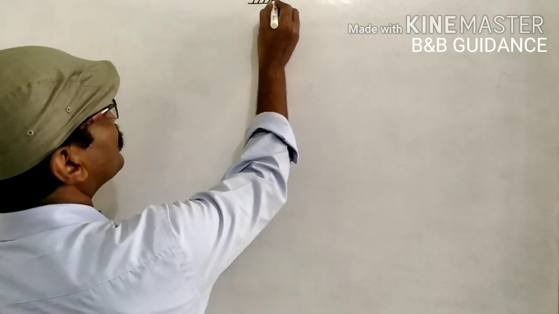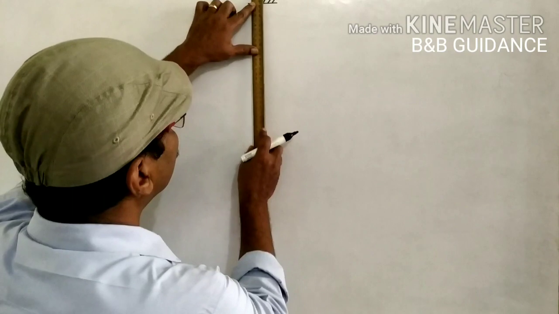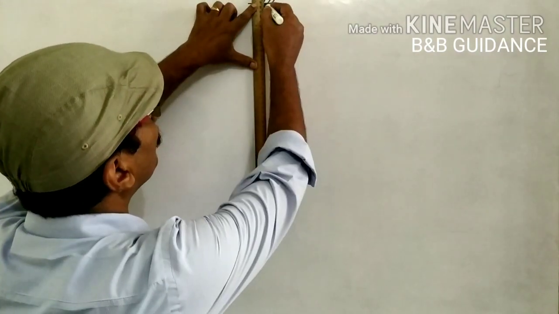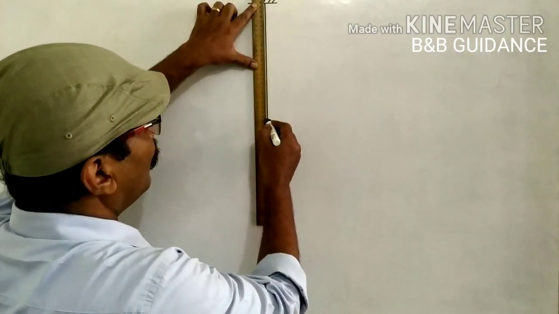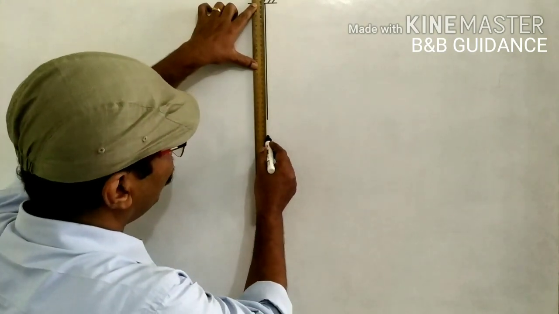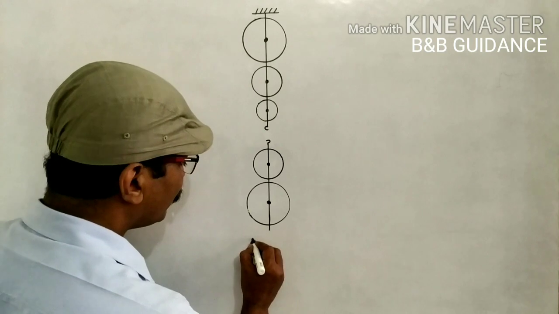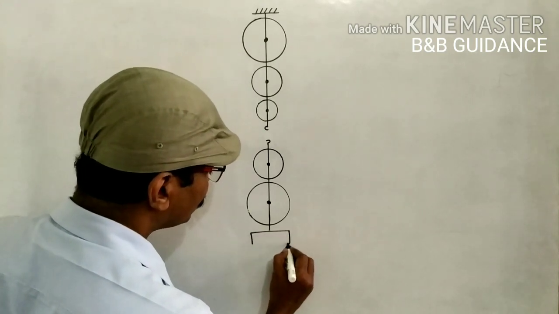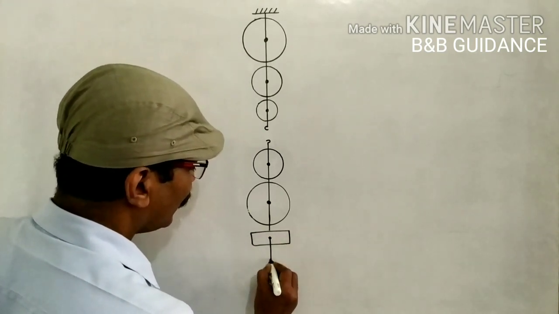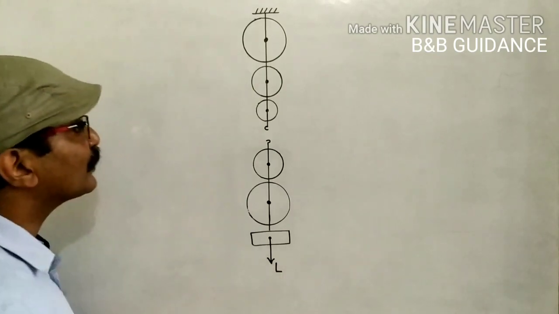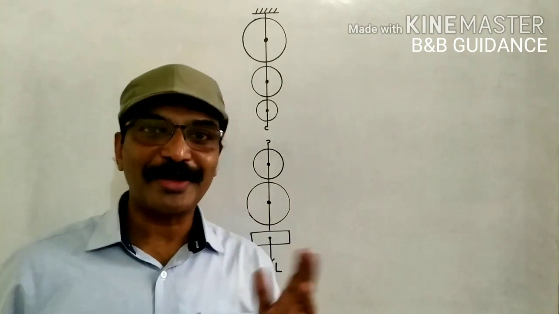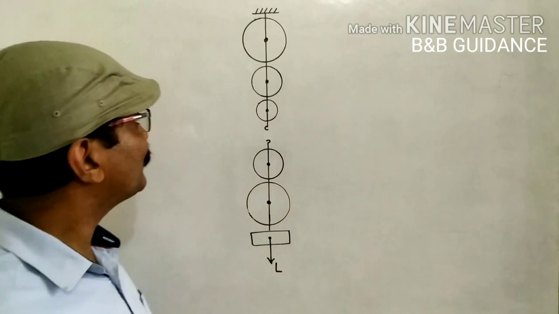First this rigid support, then frame for upper block and frame for lower block, and then we have to show the load. Load will be shown with arrow headed line, load. Well, now we have to pass the rope over the pulleys.